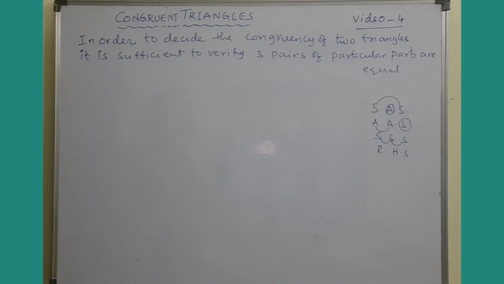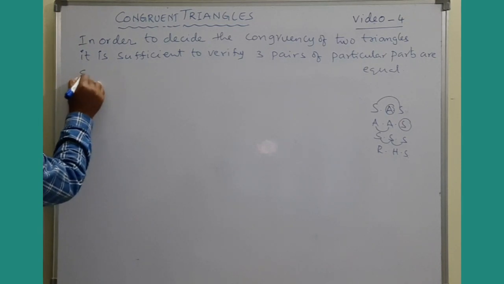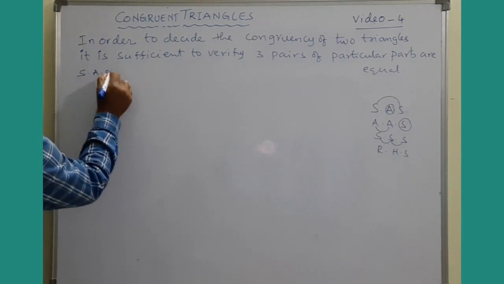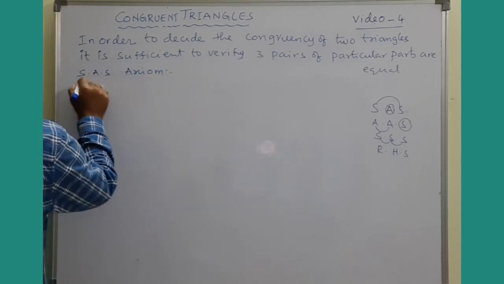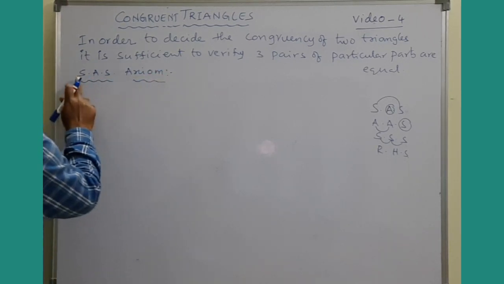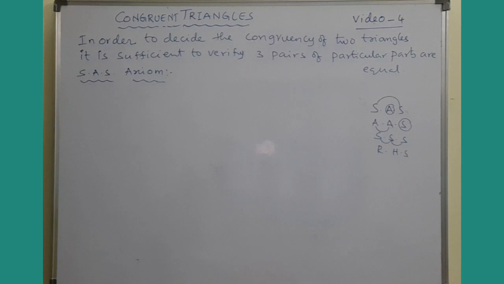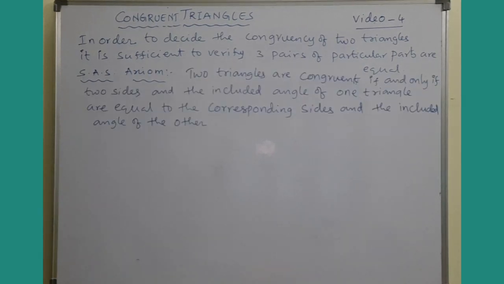So now let us see first of all what is the SAS axiom. See here itself, side, angle and side. So look at the statement of the SAS axiom.